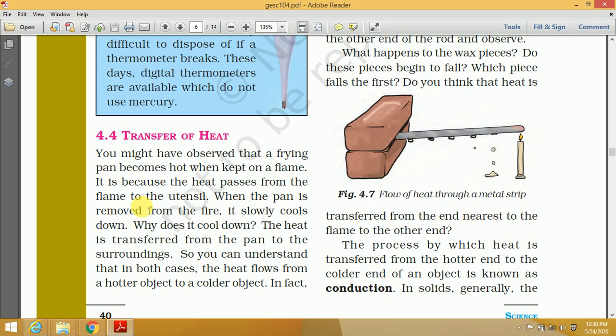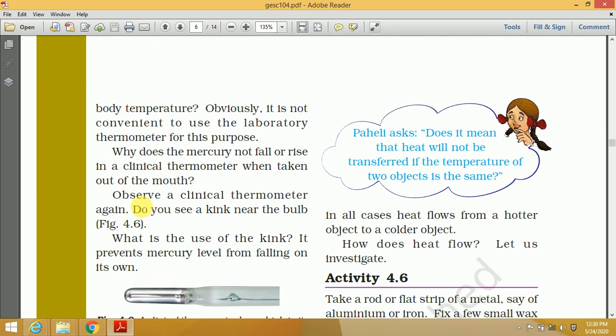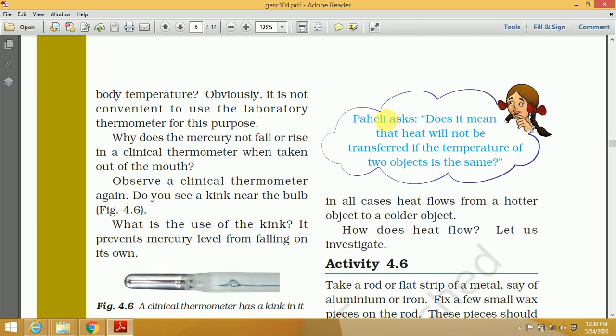And similarly, if the pan is removed from the flame and it is placed on the shelf of the kitchen, then the pan will become cold after some time. So where has the heat gone? The heat has transferred from the pan to the surroundings. So it means the heat will always flow from the hotter object to the colder object. So this we can read.